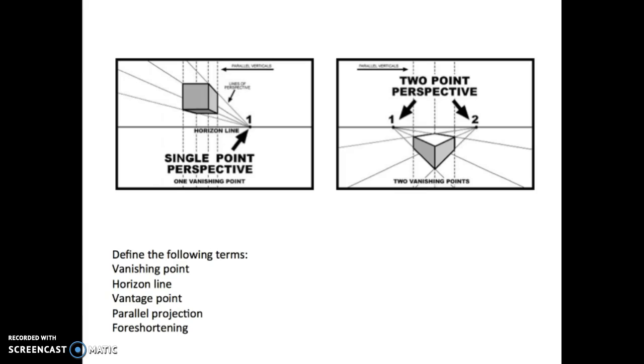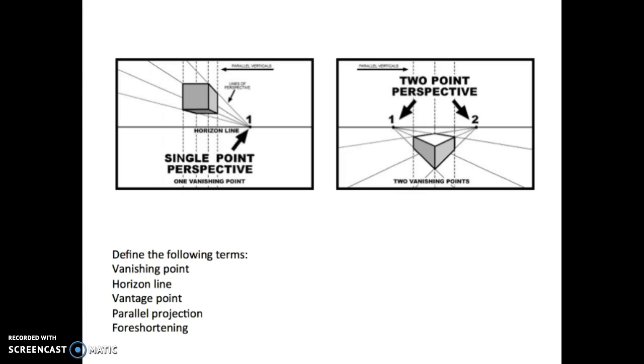In two-point linear perspective, there is one set of lines that's parallel to the picture plane and two sets of lines that are oblique to it. The parallel lines oblique to the picture plane converge to a single vanishing point, and this means that the setup will require two vanishing points.